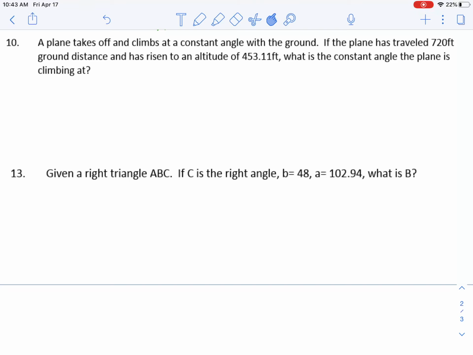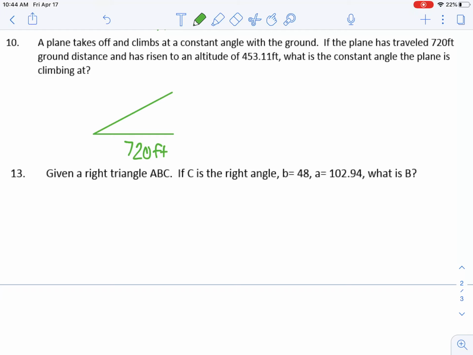Okay, so we've got our plane that takes off from the ground into the sky. We know that the plane has traveled 720 feet ground distance. So I'm going to say that this is the ground, and I know that that would be 720 feet.